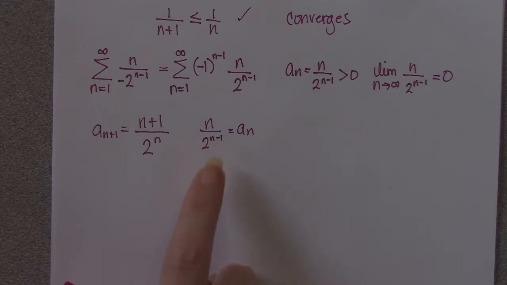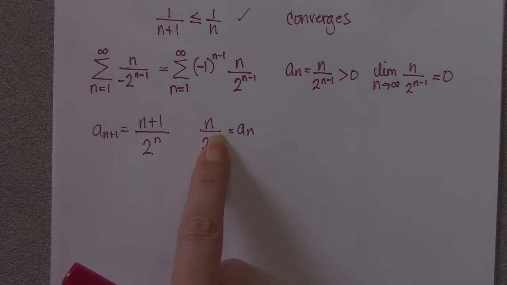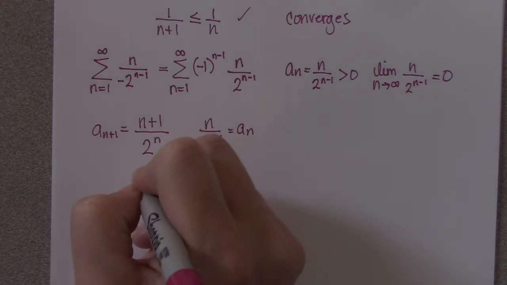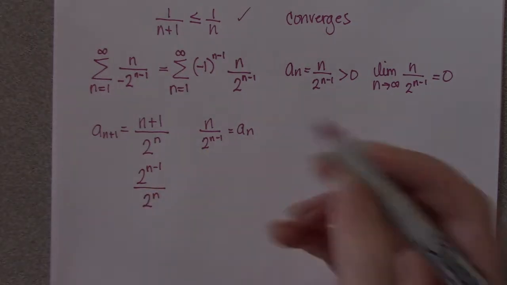So what I'm going to do is stack the like stuff on top of each other. I'm going to take the 2 to the n minus 1 and multiply it on both sides and put it in the numerator. Then I'm going to take the n plus 1 and divide both sides to bring it over here. So I can now say 2 to the n minus 1 over 2 to the n.